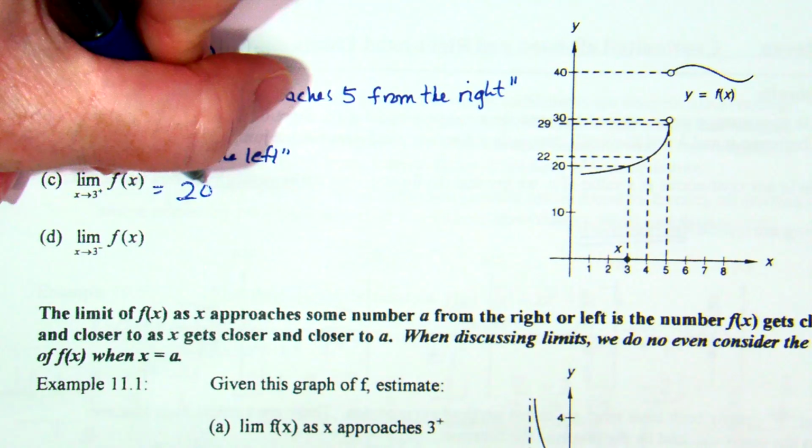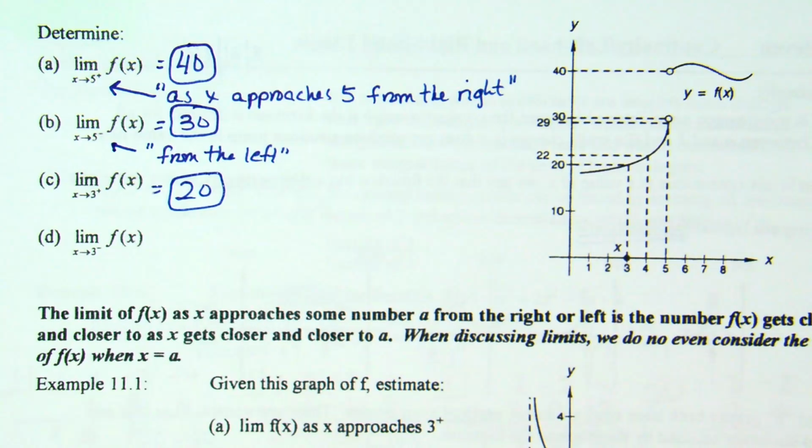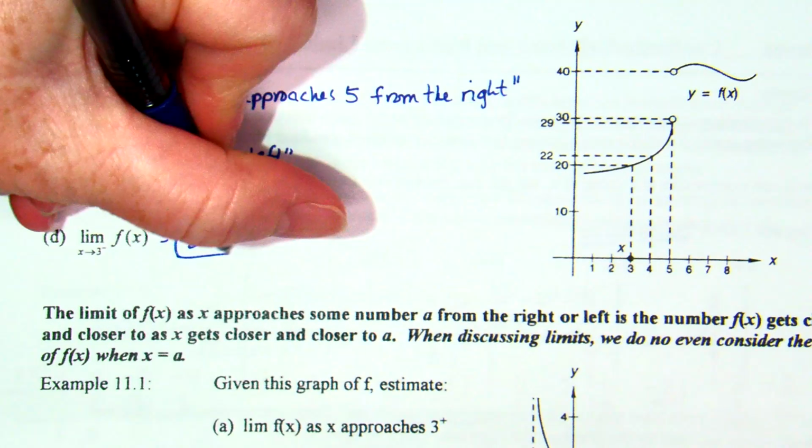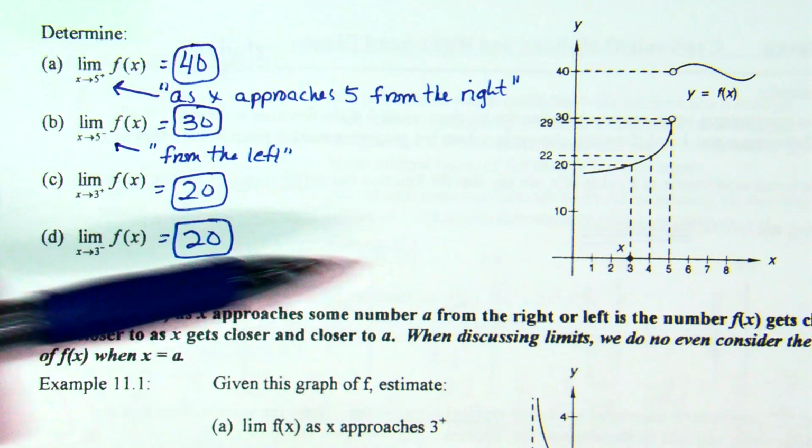What about as x approaches 3 from the left? Still 20. Because that graph, there's nothing funky going on at that graph, is it? It's meeting both sides, left and right, 20. Remember I talked about being continuous at the beginning? The difference is my graph is continuous at 3, my graph is not continuous at 5.